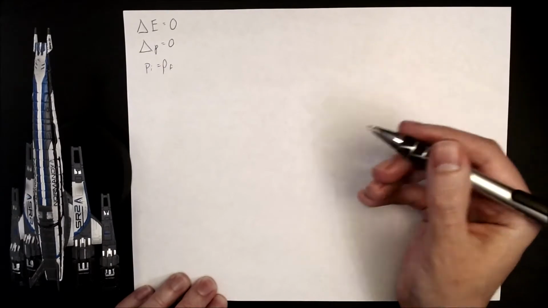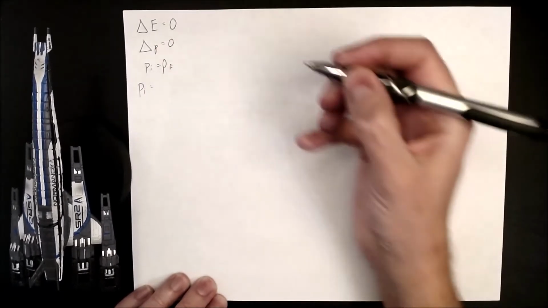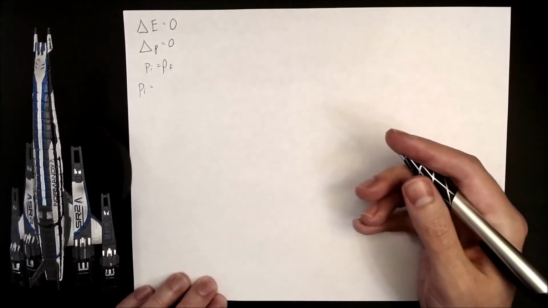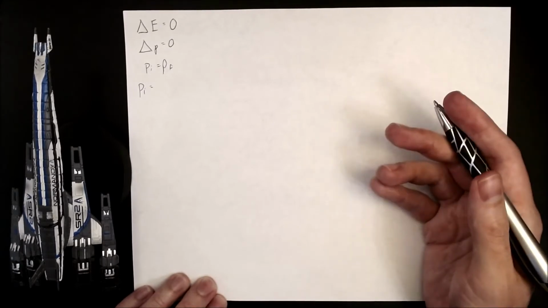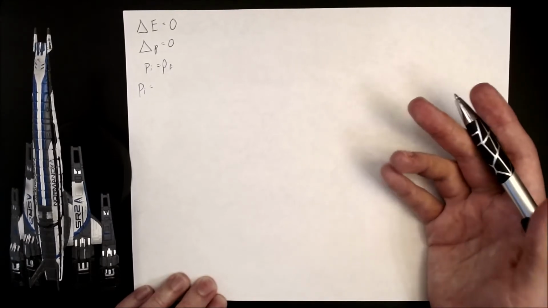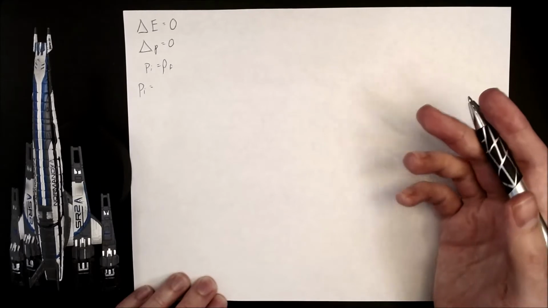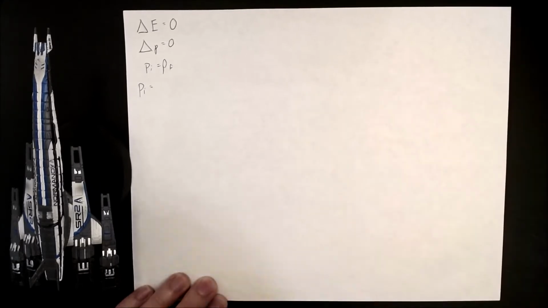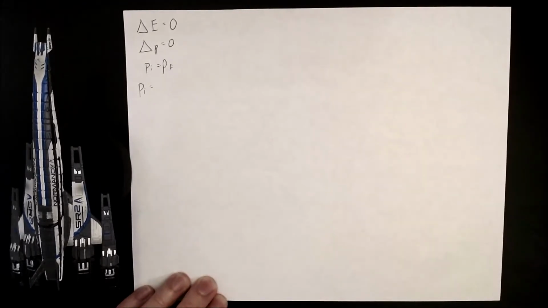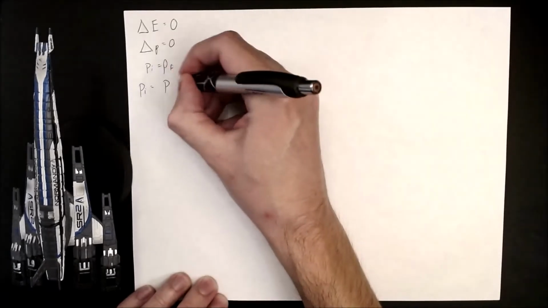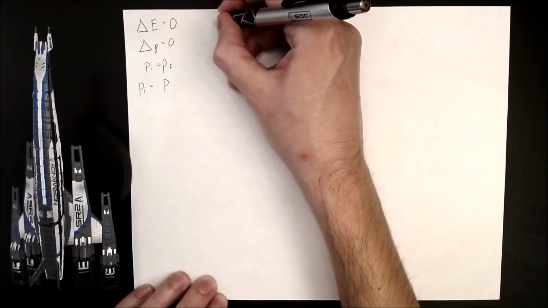Well, the initial momentum is going to be the momentum of all the things at the beginning of the problem. Well, there's just two billiard balls. So we have to figure out the momentum of the two billiard balls put together. What should we call them?